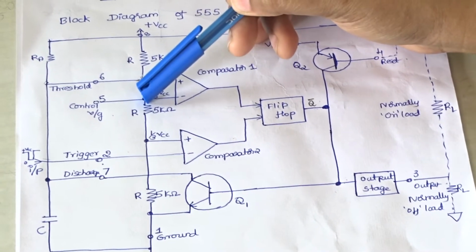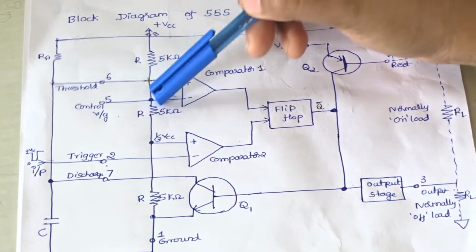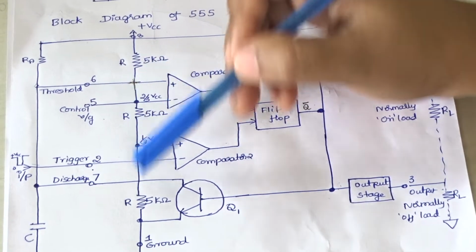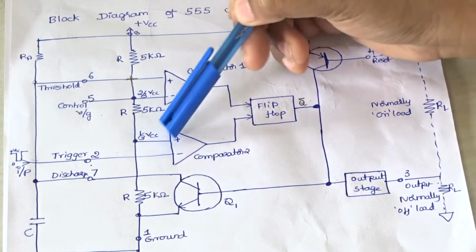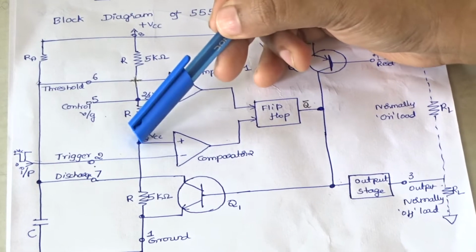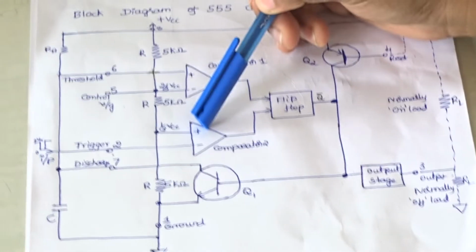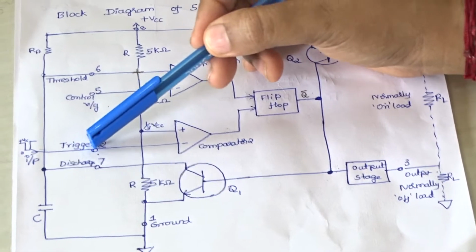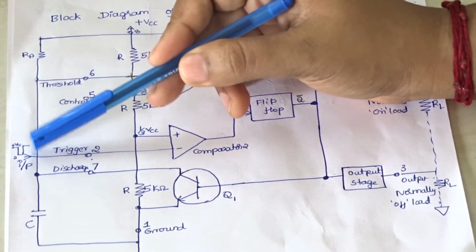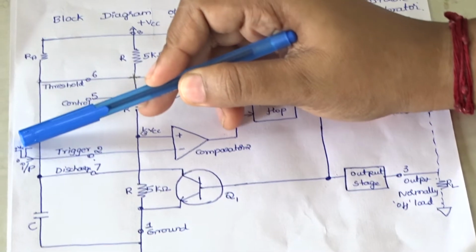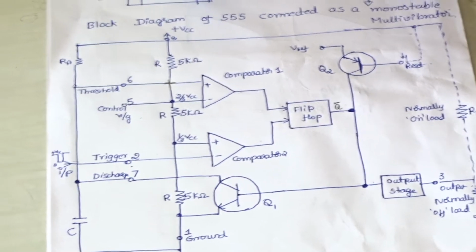We apply the voltage divider rule here. There are 3 resistors, and the voltage across them with respect to ground will be 2/3 VCC. Similarly, for the second comparator, one input is from the resistor network, the voltage across this resistor, that is 1/3 VCC, and the other input is from the trigger. The trigger is the external input we apply. The range of this trigger may vary from 0 to VCC. VCC will be 5 volt for the 555 timer.